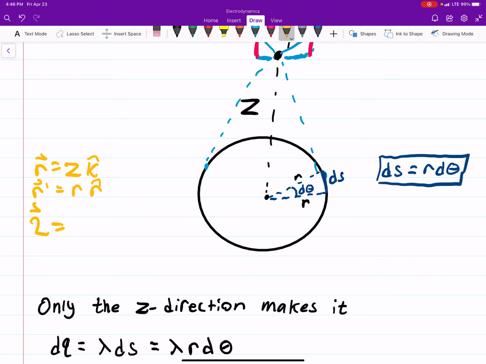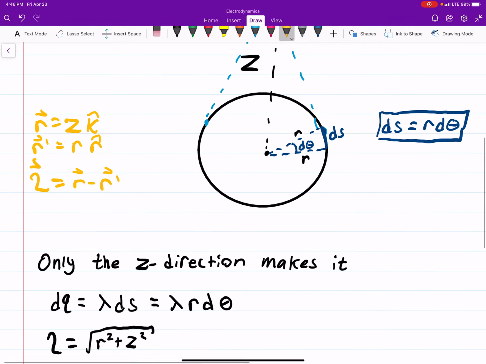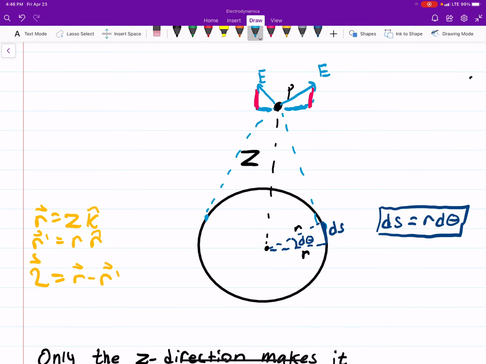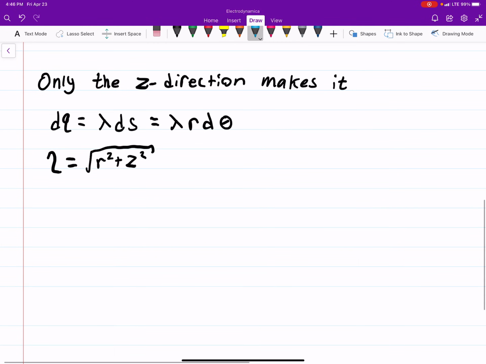So then script r is going to be r minus r prime. But that's not even necessary. We just are looking for this distance here. This is our script r. And if we square both sides, we get r squared plus z squared.